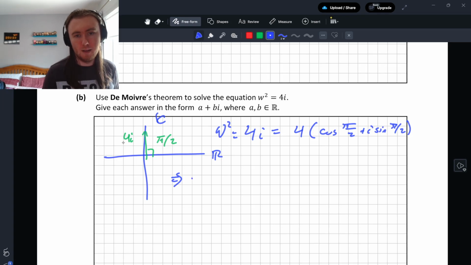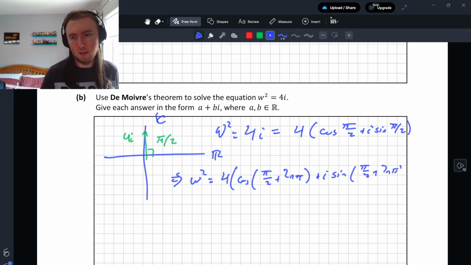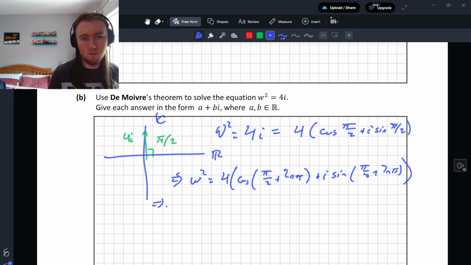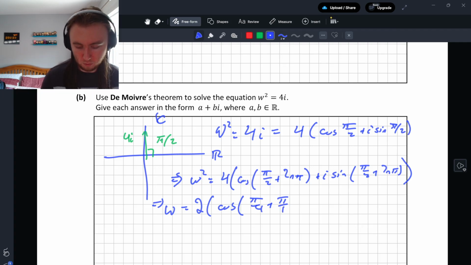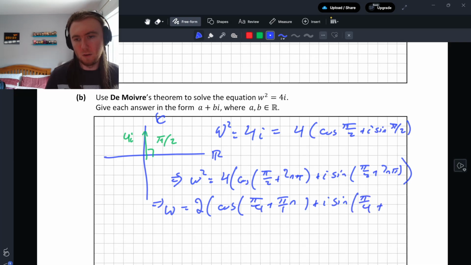So I'll just rewrite w squared is 4 cos of pi over 2 plus 2n pi plus i sine of pi over 2 plus 2n pi again. So w is just 2 times cos of pi over 4 plus pi n, plus i sine of pi over 4 plus pi n.